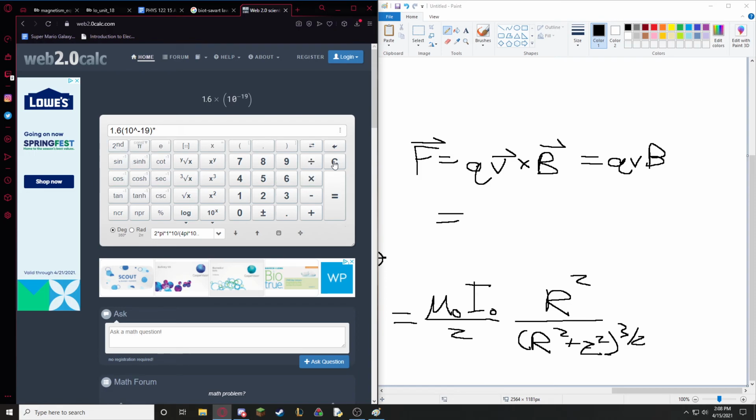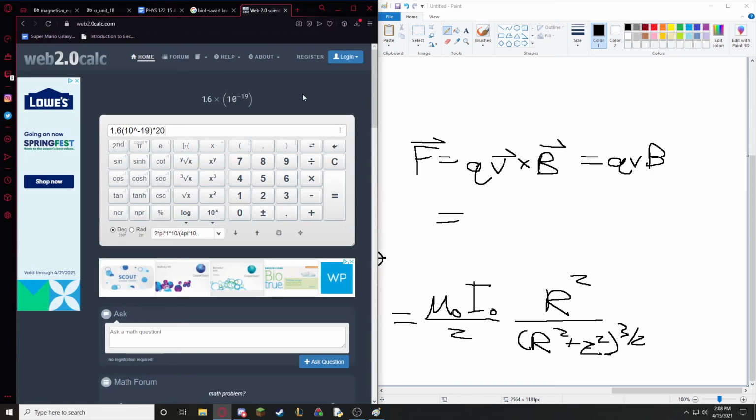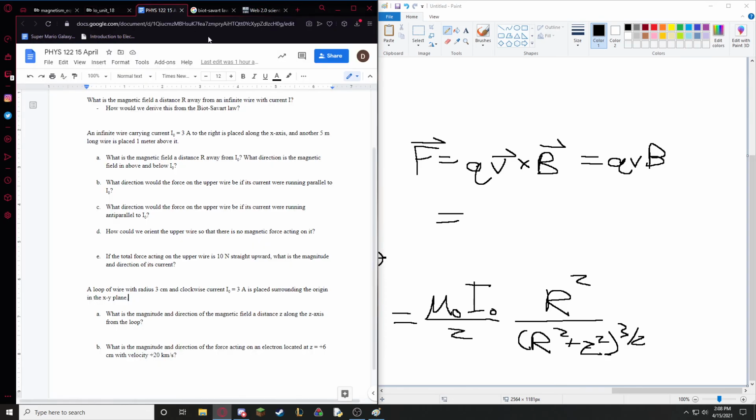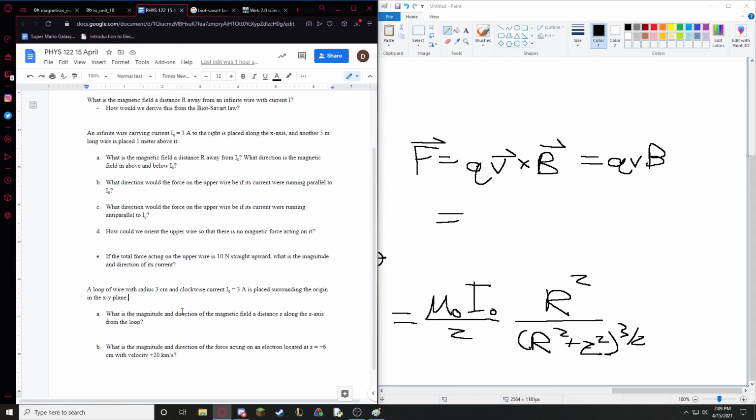And our velocity, which we said was 20 kilometers per second. That's 20,000 meters per second. Times our magnetic field, which is mu naught, which is 4 pi. I'm just going to do 2 pi times 10 to the minus 7 because we have the mu naught over 2. Times our current I naught, which is 3 amps. Times our radius, r squared.